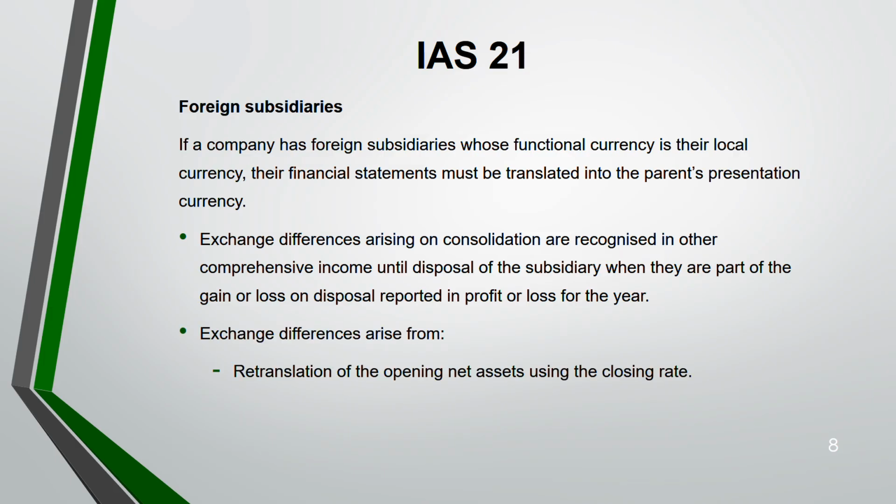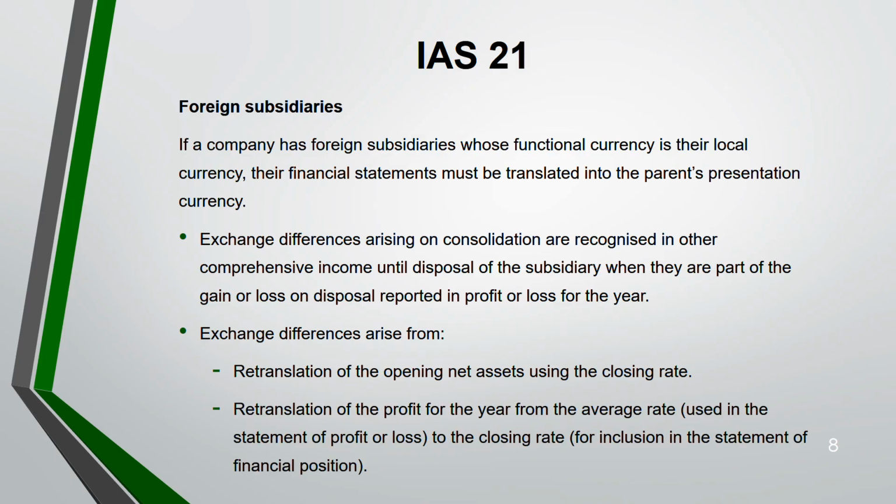Exchange difference can arise from, this is very important, two areas. First, when you are retranslating your opening net assets using the closing rate. Opening net assets, first you have translated at the opening rate. Now you are retranslating at the closing rate, two different rates. That's why exchange difference can arise.